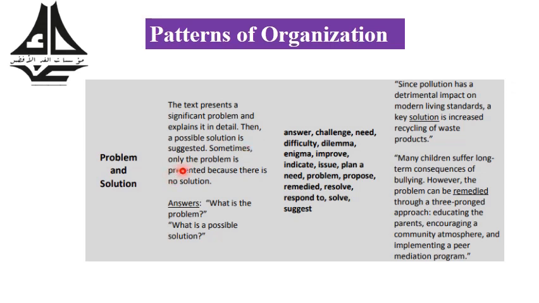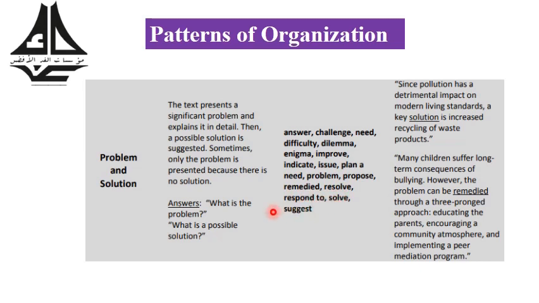Sometimes only the problem is presented because there is no solution. Some signal words include answer, challenge, need, difficulty, dilemma, improve, indicate, problem, propose, remedied, resolve, respond to, solve, suggest.